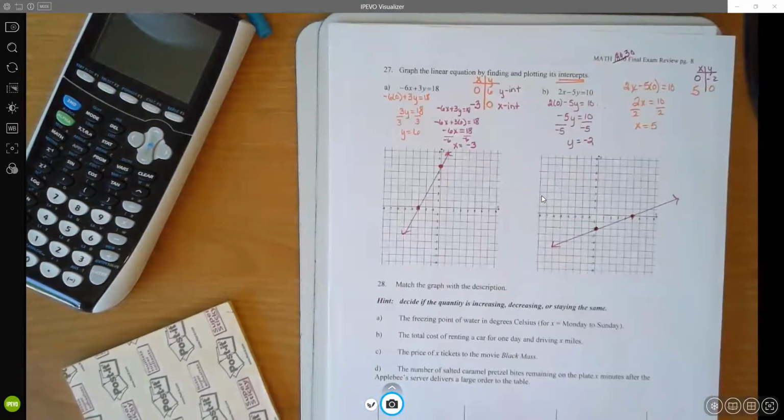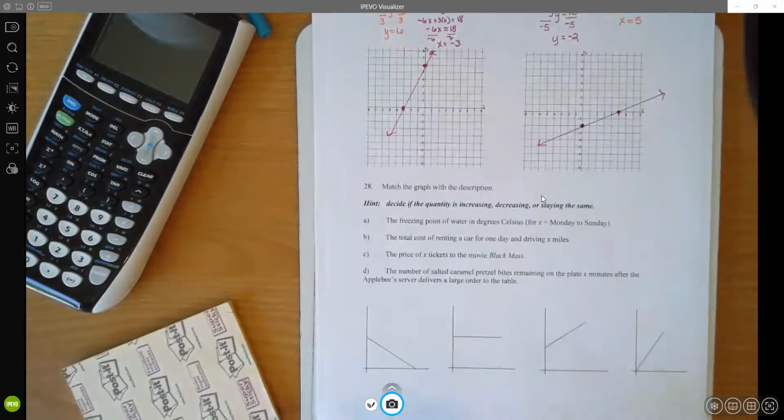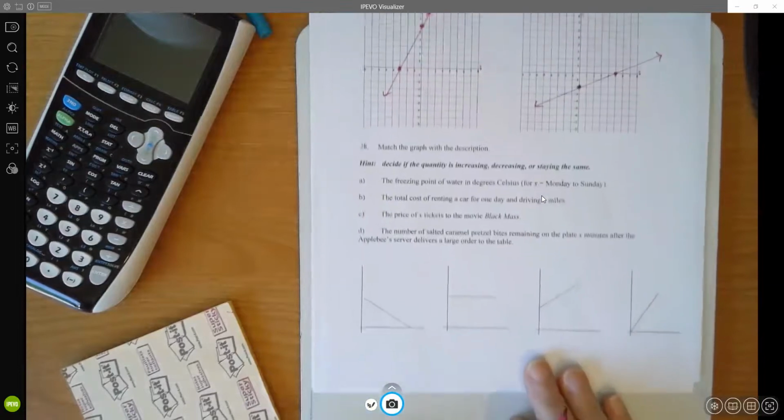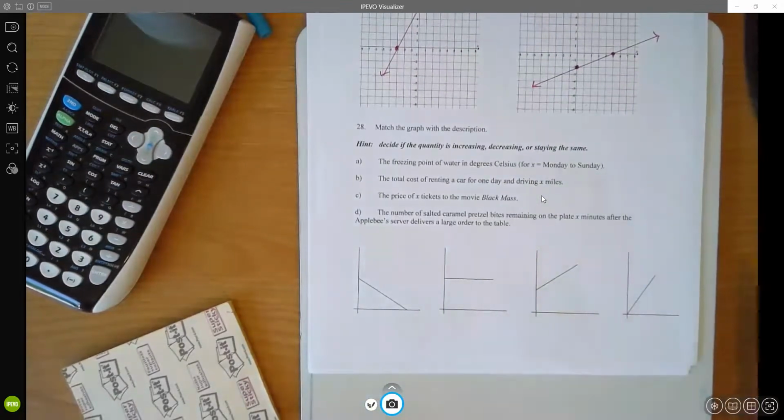Okay, and as for 28, we're going to match the graph with the description. And as a hint, it said decide if the quantity is increasing, decreasing, or staying the same. Well, let's look at the graphs first, and let's decide if they are increasing, decreasing, or staying the same.